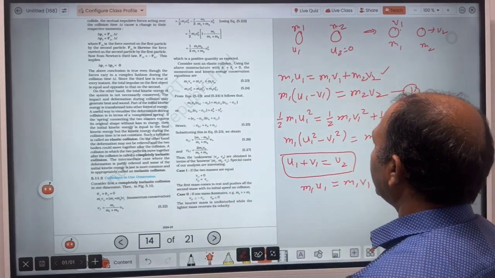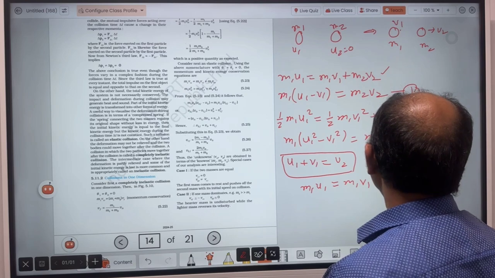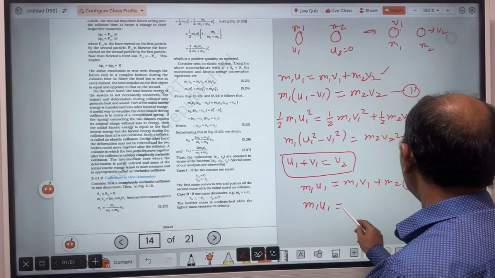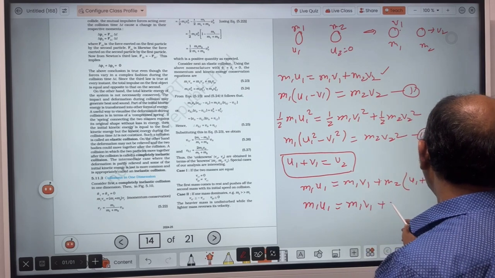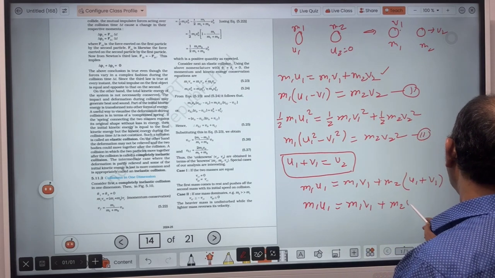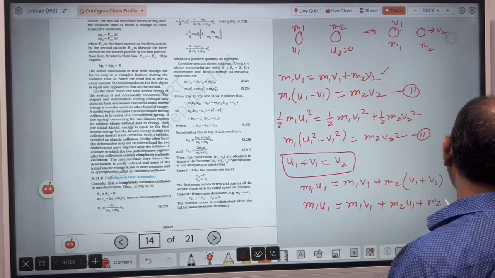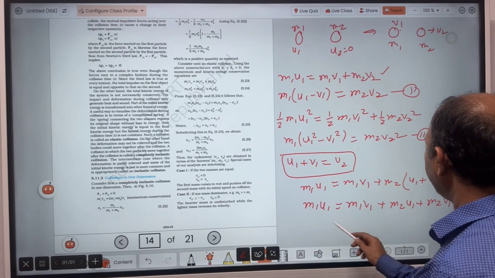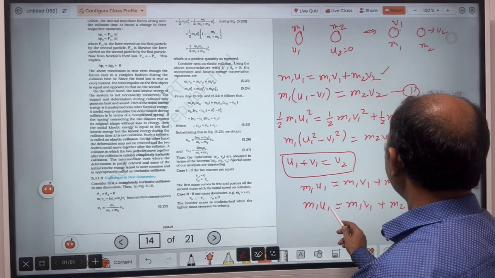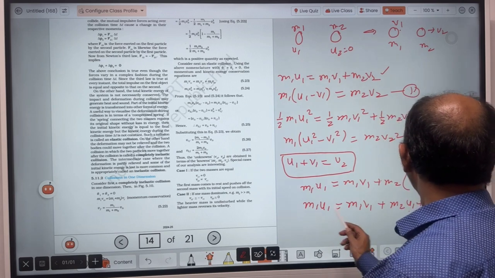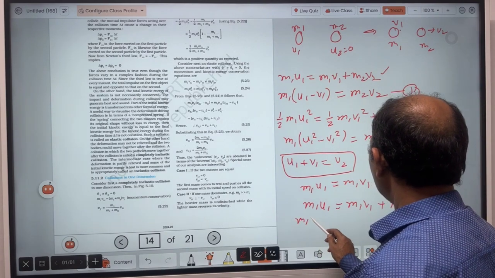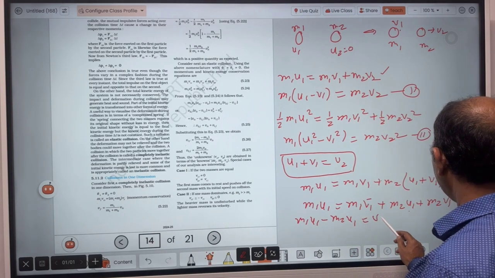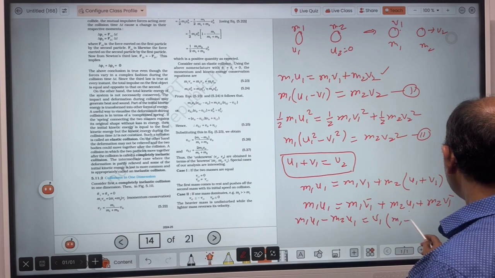Our purpose is to get v1, so m1 u1 equal to m1 v1 plus m2 u1 plus m2 v1. So we take the m1 u1 term and the m2 u1 term to the LHS. So m1 u1 minus m2 u1 equal to, here we can take v1 outside, then m1 plus m2 will be left.